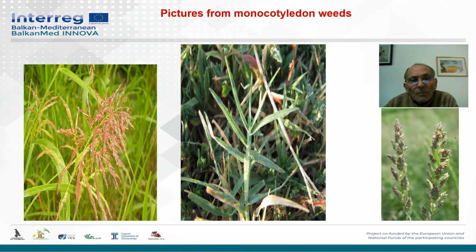The second group of the weeds are monocotyledon weeds. It's a big group and very difficult to control. Almost in every crop they are present, and without direct or preventive control measures, they make big damage in agriculture.